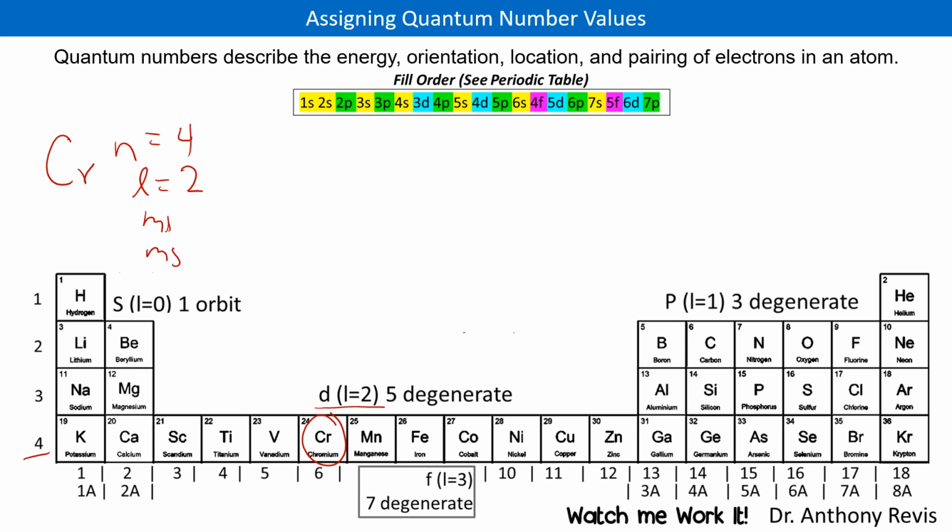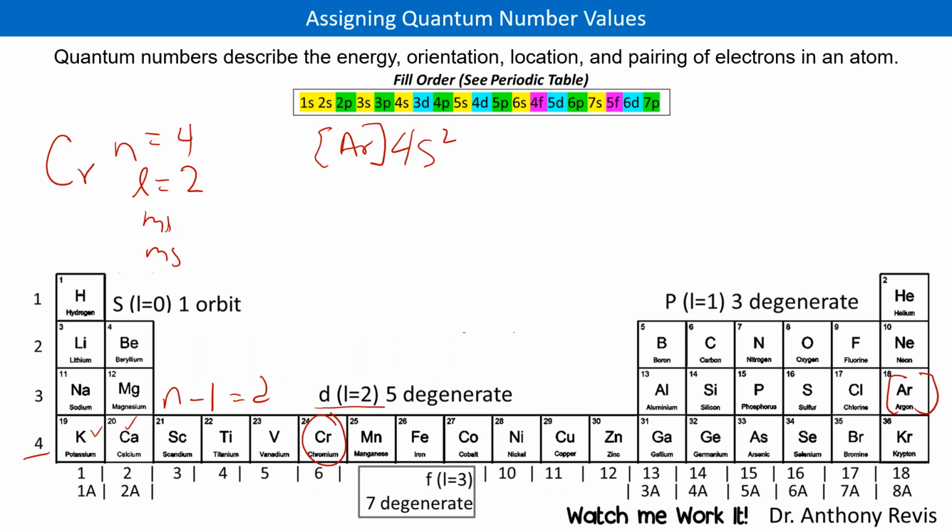So let's write the electronic configuration by starting with argon. Shorthand this one. We'll have argon here. And so now we'll have a 4s1. And since we're dealing with chromium here, we know that this is a d, so this is going to be n minus 1 for the d.